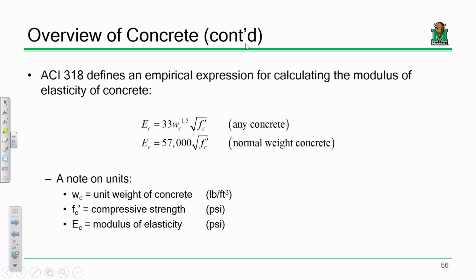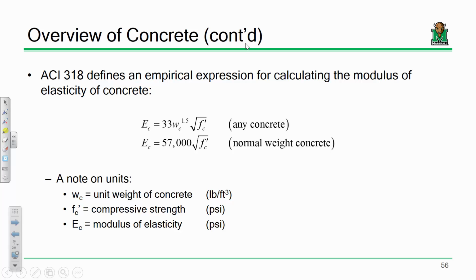So remember, what is the modulus of elasticity? It's that initial slope, right? Well, based on the FC prime, the initial slope changes. So we have an equation that we use to compute that. Now, the upper equation is more generic, more generalized for any concrete of any unit weight. But if we're dealing with normal weight concrete, the modulus of elasticity is simply 57,000 times the square root of FC prime.